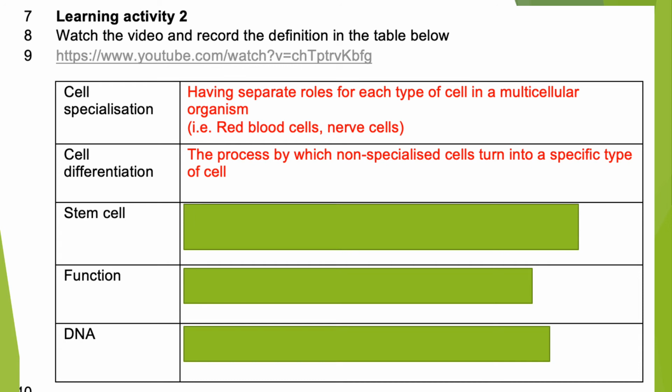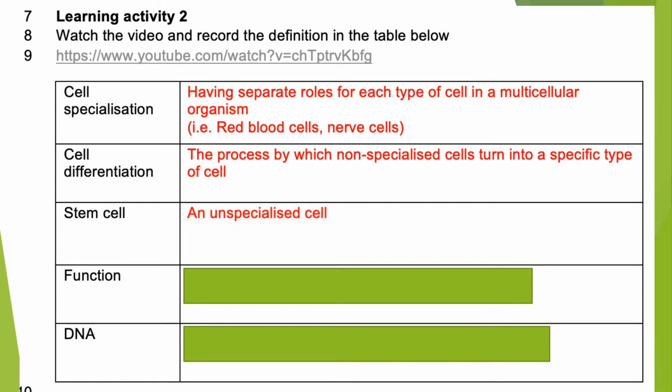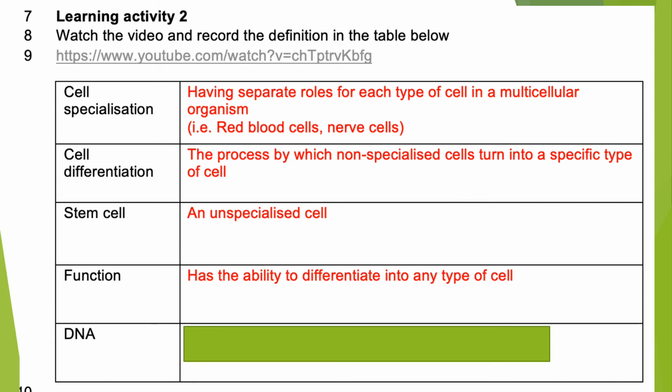So I kind of answered the next one, which is what is a stem cell, and that is exactly what it is. It's an unspecialized cell or a non-specialized cell. And the function of that stem cell is to have the ability to differentiate into any type of cell.